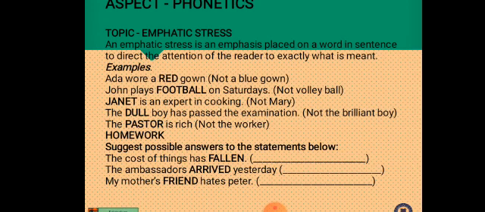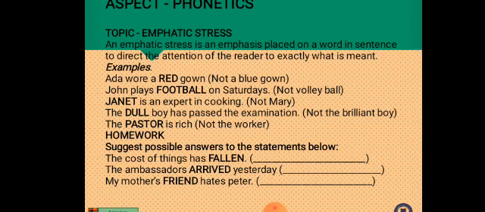Now, when you look at all these words put in capital letters and the ones in brackets, they are like opposite to each other. Yes. Now, these are not the only words we could stress in sentences. In these sentences here, we could choose to stress any word in the sentence.